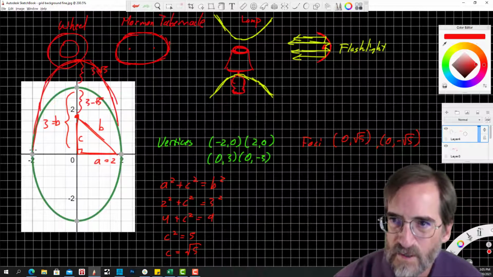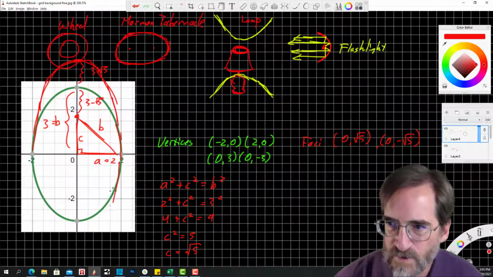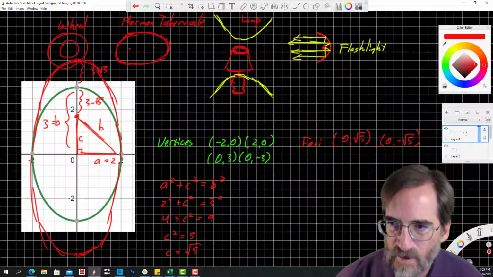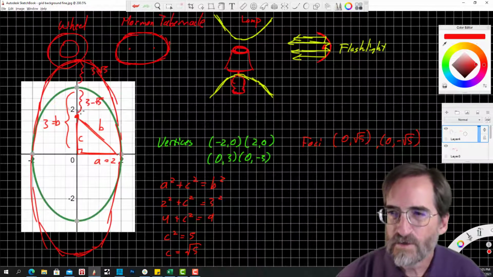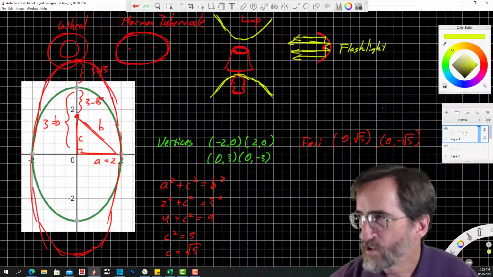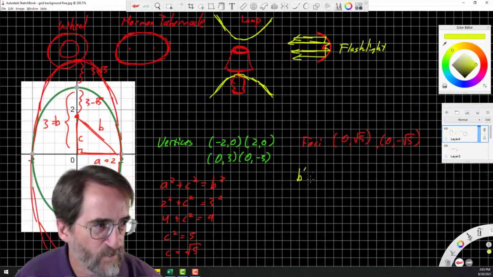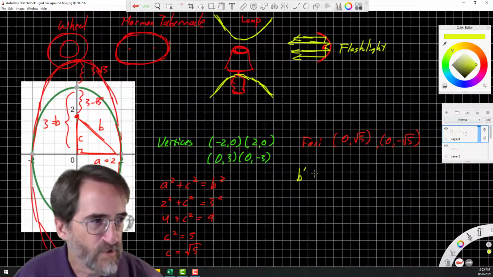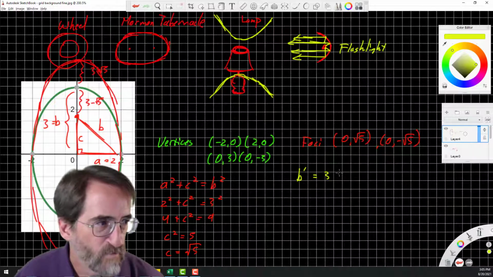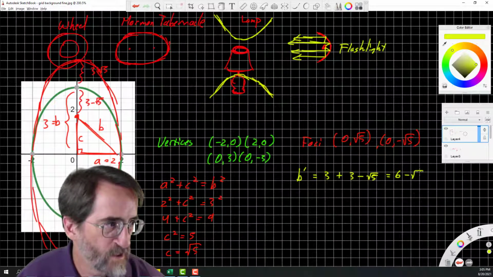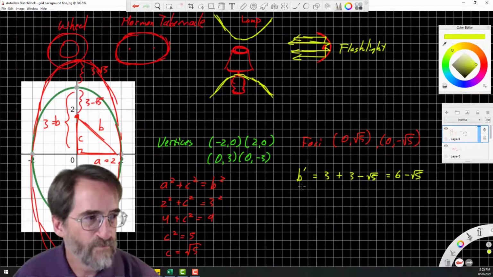Keeping everything else the same, which is also going to move this out. So that means, let me switch colors here. That means B, the new B, call it B prime, is going to be 3 plus what we added to it, 3 minus root 5. Or simplified, 6 minus root 5. That's going to be B.